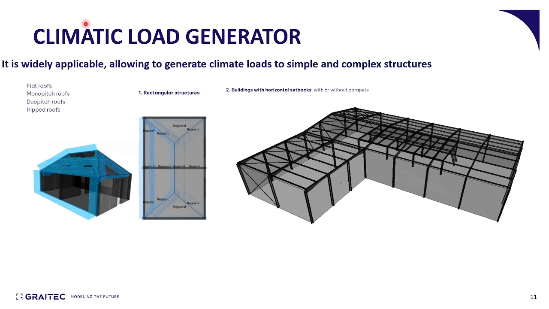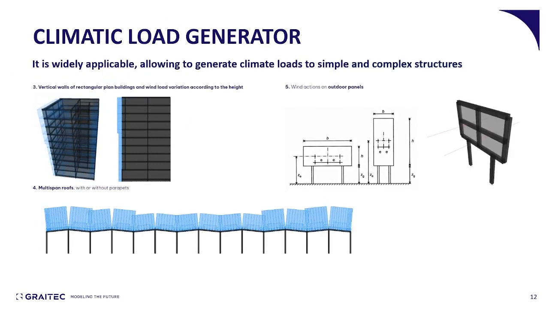We have different types of roofs that the generator is applicable to. Rectangular structures, simple ones, buildings with horizontal setbacks, with or without parapets, and vertical walls of rectangular plan buildings, where the wind can be generated and you can see the variation according to height.